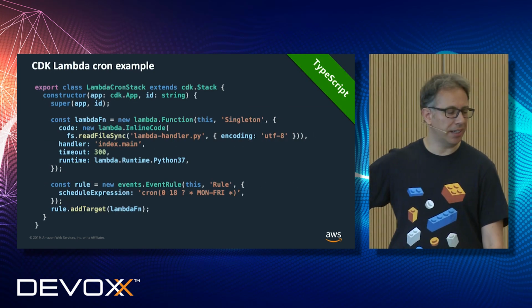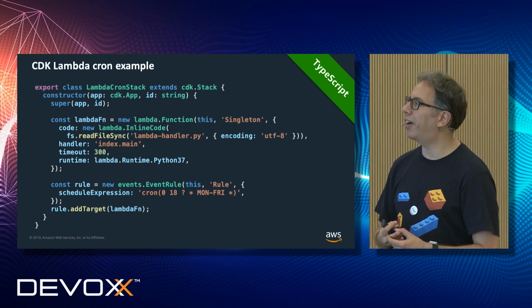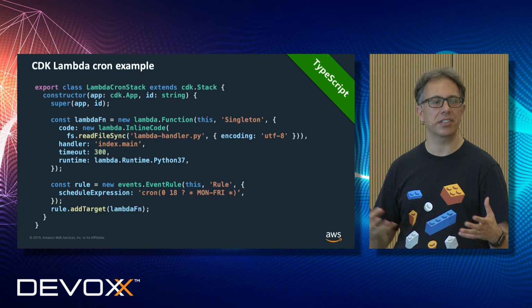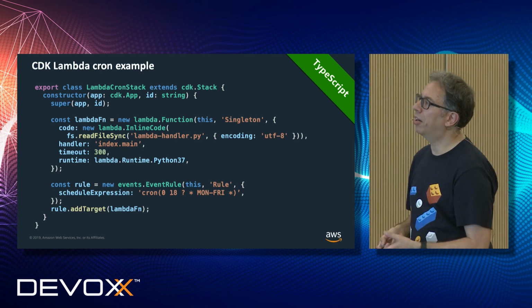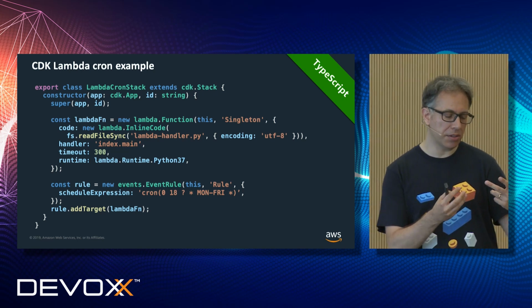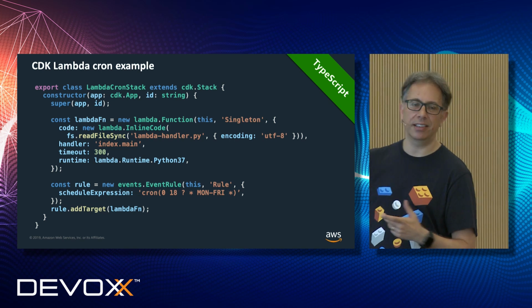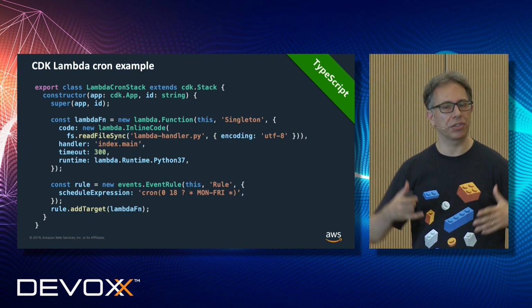This is an example of a CDK source file that defines the infrastructure to run a Lambda function periodically. So how does it work? The CDK has two main concepts, probably. One is the stack, which is similar to the CloudFormation stack. So you create a stack with all your resources.